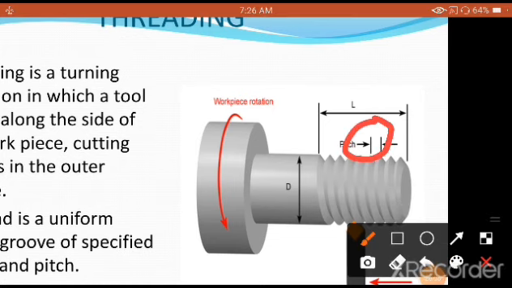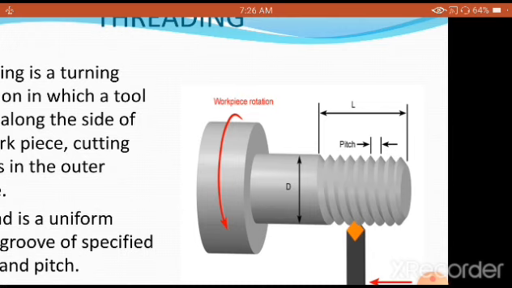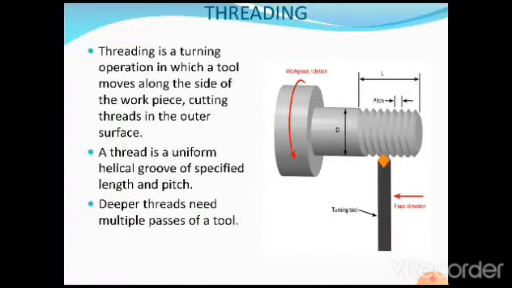Pitch is the successive distance between two crests of a threaded portion, and this is the length which is being cut here. Whatever type of thread is to be generated on the workpiece is shown there, but it requires control of the feed of the cutting tool.